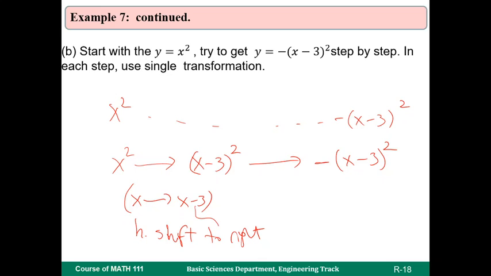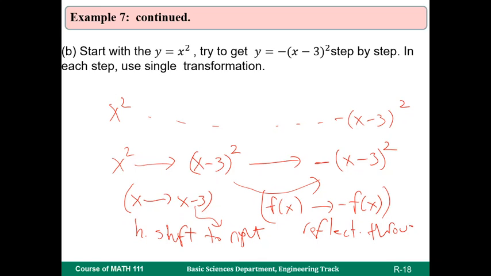Okay, we have minus, it becomes to the right. And now here, the function itself is multiplied and becomes minus f of x. So x remains the same, but y changes to negative f of x. So you make a reflection through the x-axis.